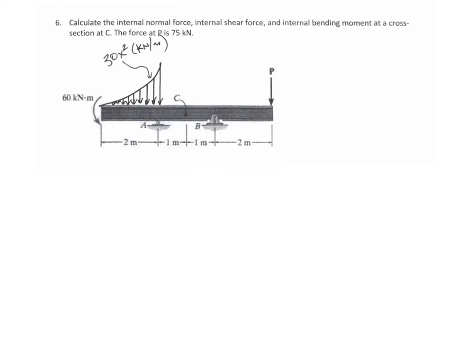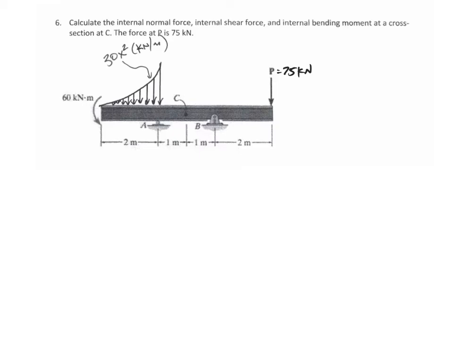All right, so here's a problem where I want you to calculate the internal normal, shear, and bending moment at C. It says this force right here at P is 75 kilonewtons. All right, so I've got to be able to handle distributed loads, especially one that is a function.